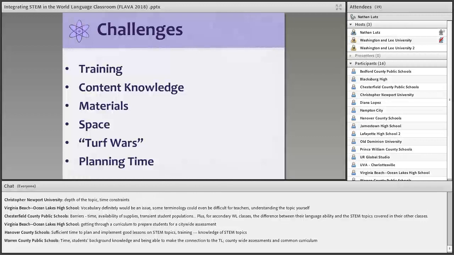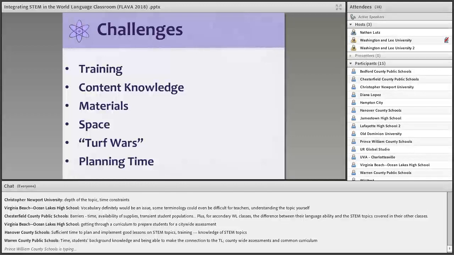Another challenge could be that you don't have the materials. If all of your funding is for traditional world language materials or even just books, you may not have what it takes to do some engineering experiments or some science experiments in your classrooms. What's interesting is I had applied for a grant from my state world language organization, and they were really eager to give the grant, but in the process, I did get stopped and asked, well, can't you just borrow that from your science department?